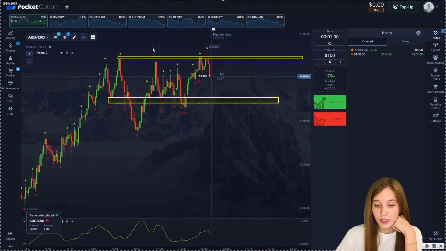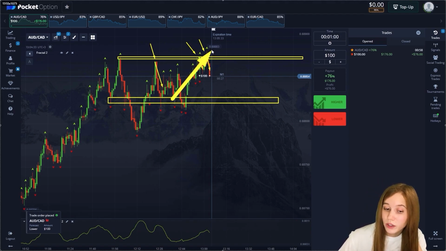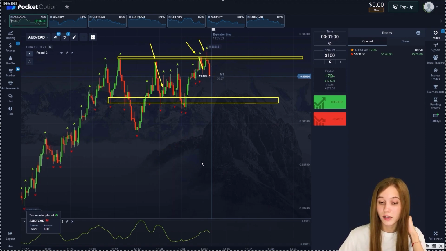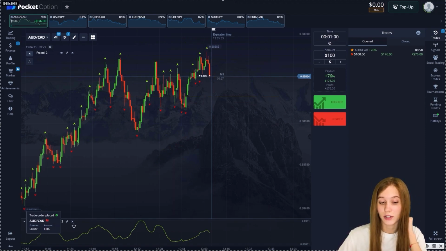Resistance and support areas we see. Resistance achieved were two reversals. They were even overcome and then a reversal again. As a result, the trend actually changed in direction from upward to downward.